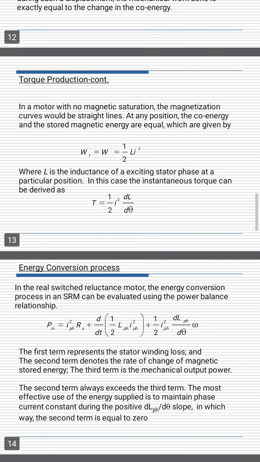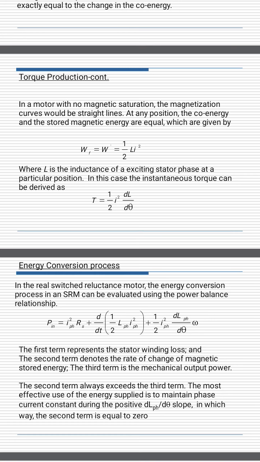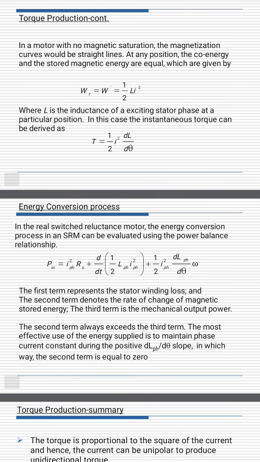Torque production in a motor with no magnetic saturation: the magnetization curves would be straight lines. At any position, the co-energy and the stored magnetic energy are equal, which are given by Wf = W' = 1/2 Li², where L is the inductance of an exciting stator phase at a particular position.